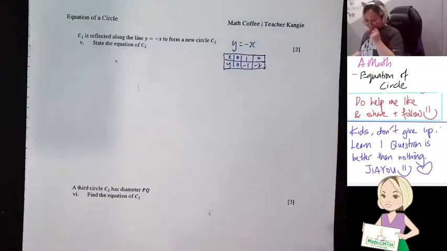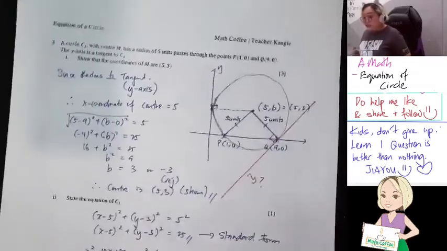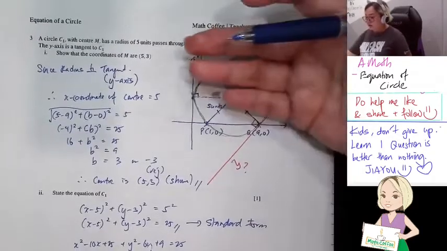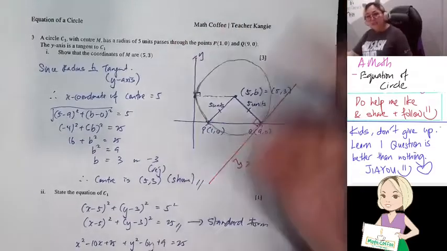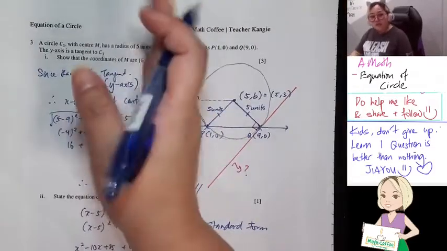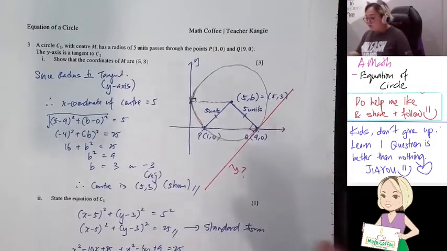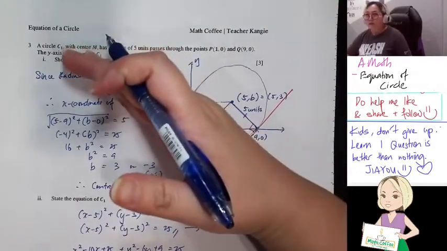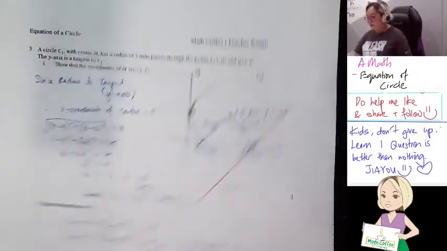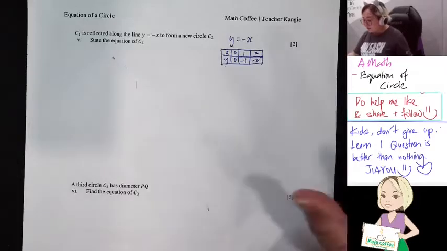I think the reflection one always comes out. But usually for reflection, they only ask you to reflect over either the x-axis or the y-axis, or a vertical line or horizontal line. But now the reflection is on a slant line, so it's slightly tougher.